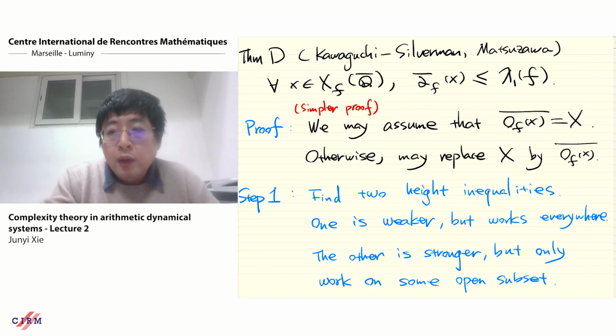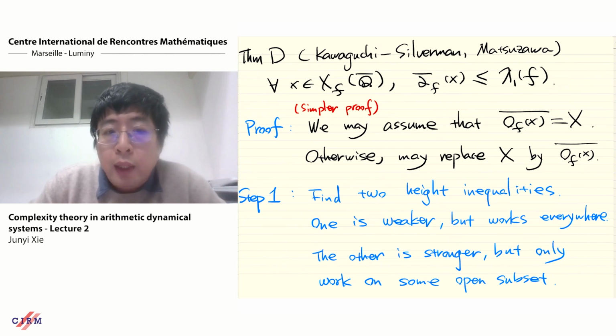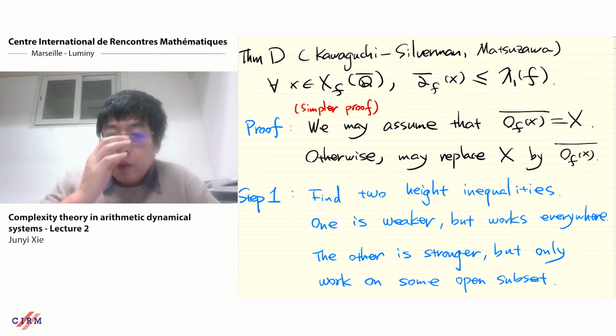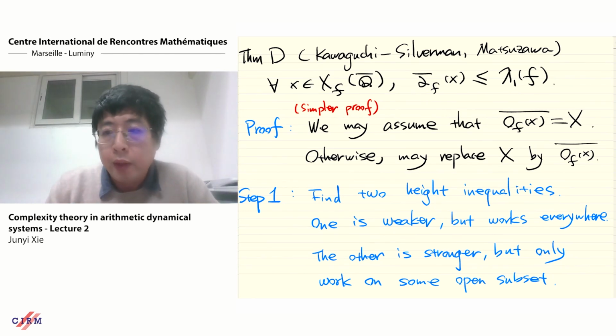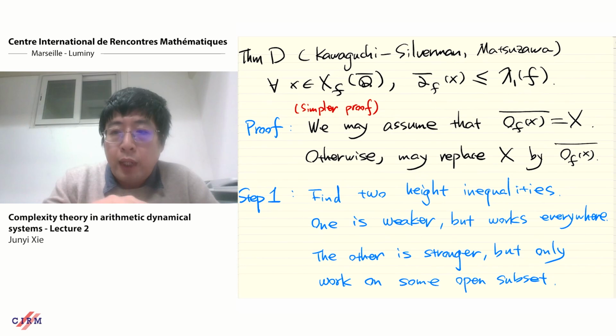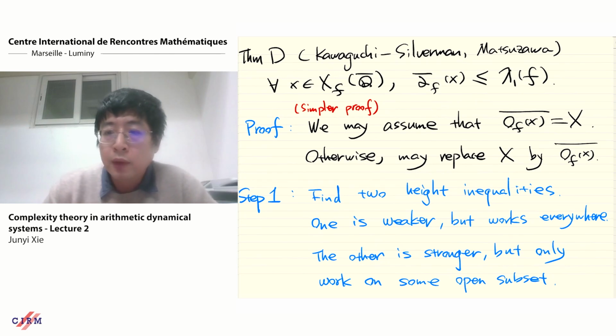The statement is for every x in X(Q bar). The Kawaguchi-Silverman conjecture says that the arithmetic degree is equal to the dynamical degree. But here the theorem is that the upper bound is okay. The upper arithmetic degree is less or equal to the first dynamical degree. So this part is true.